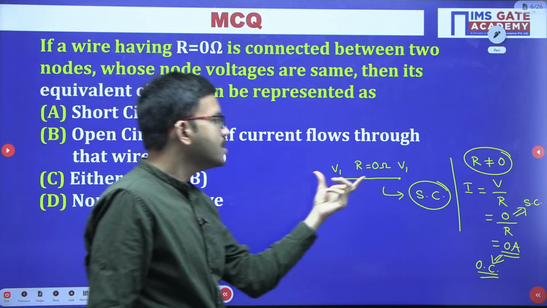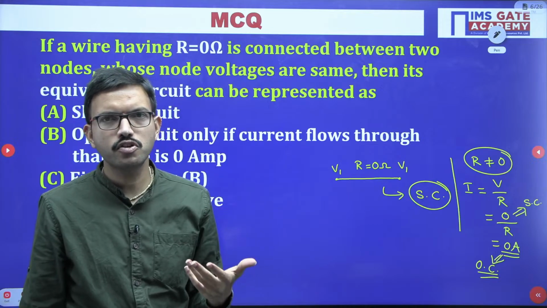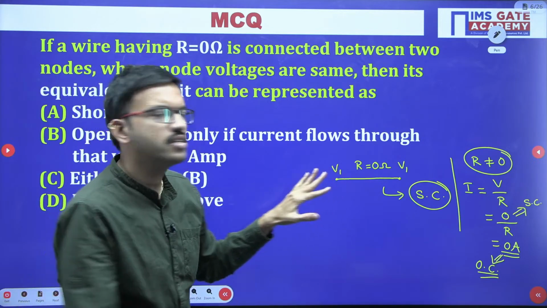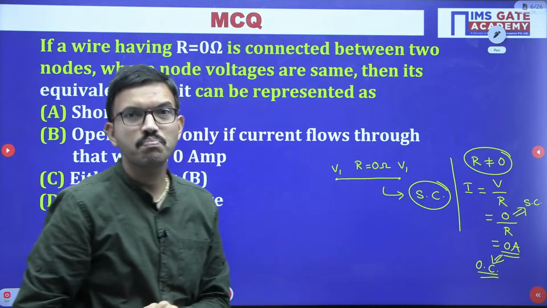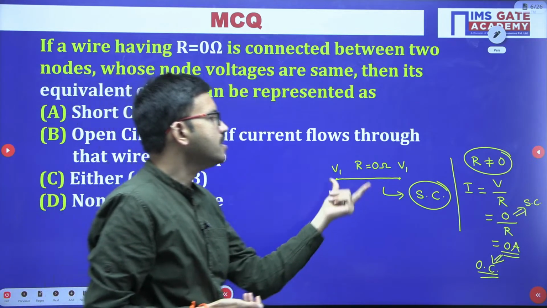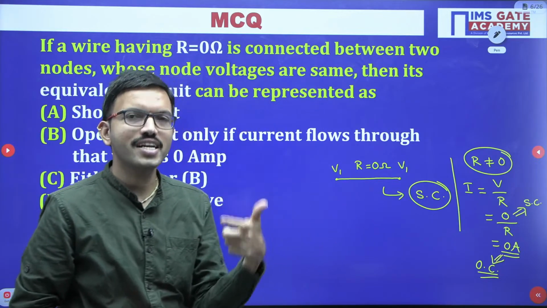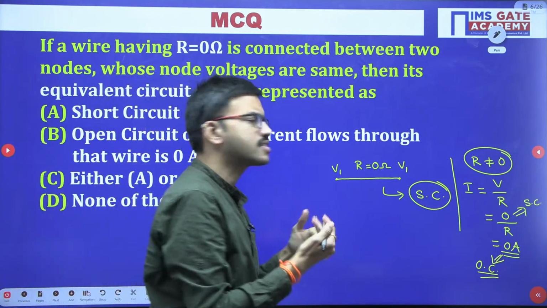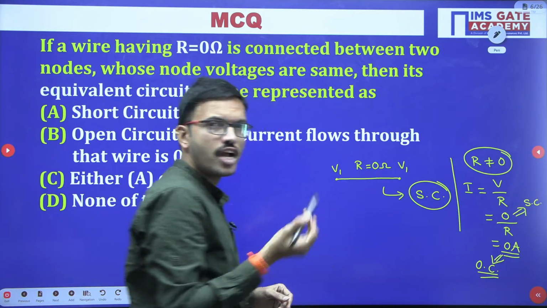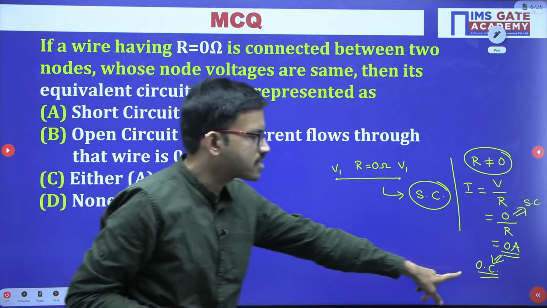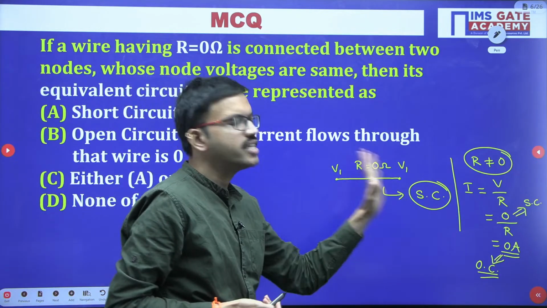But in this wire, how much current can flow completely depends on the other network elements connected to that particular circuit. Based on that, the current flow through this wire can vary. For example, if due to any reason the current flow through this wire is 0 ampere, then only we can represent it as open circuit. Other than that, we can represent the equivalent circuit only as short circuit.